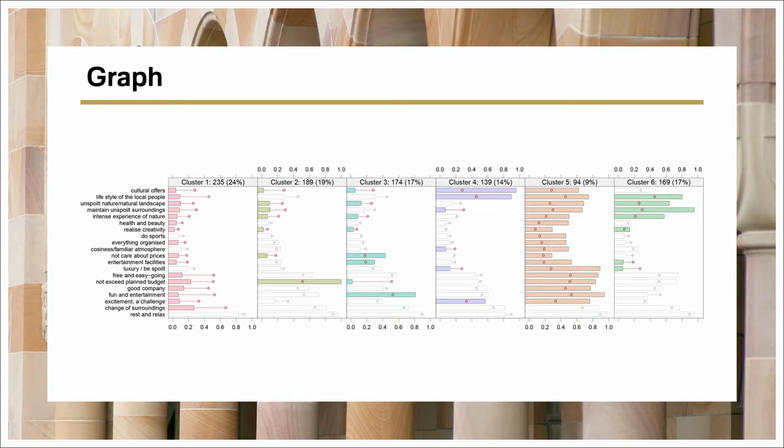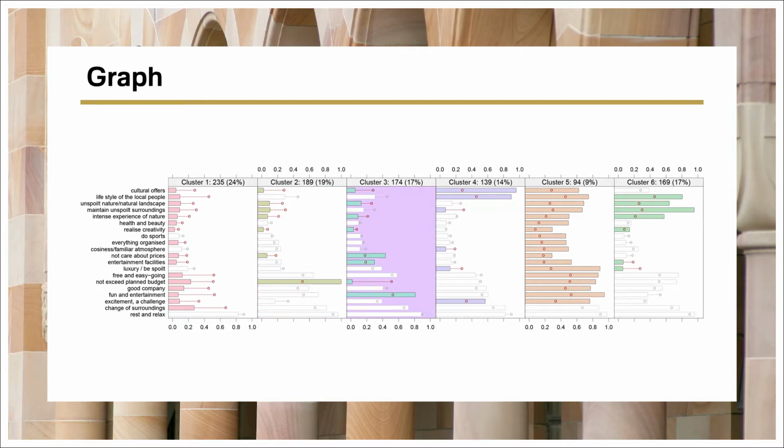The resulting segment profile plot is very easy to interpret. We can immediately see that segment 1 is not motivated by any travel motives, whereas segment 5 is motivated by all of them. Keep in mind that those 2 segments could also capture response styles. We can also see that segment 2 is all about not exceeding the budget.